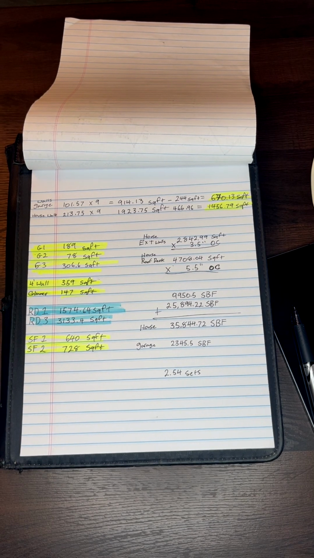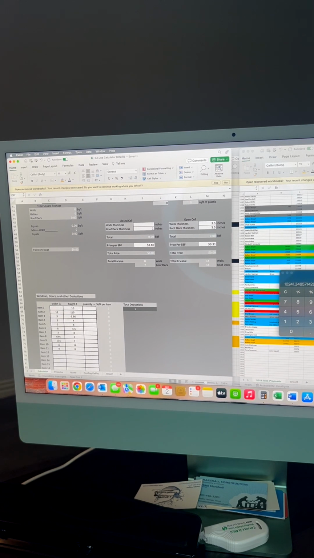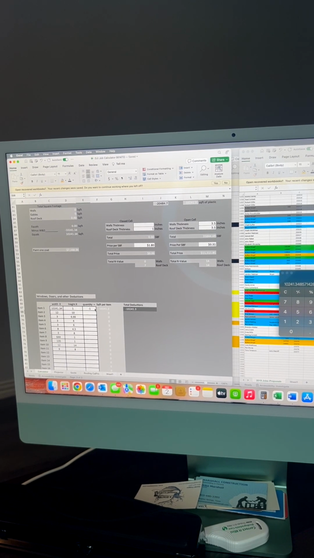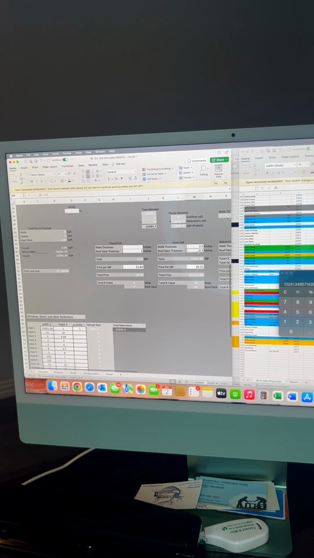Anyway, okay, that's it. All right, so this is a calculator that I built, and I've been working on a projector, which works pretty good. And the projector basically just projects what my overall cost is going to be.